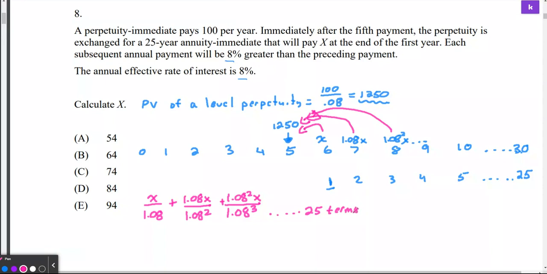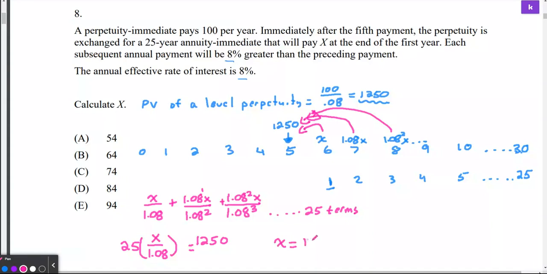But notice how each term is the same as the first term, because 1 minus 2 is -1, 2 minus 3 is -1. So in other words, I have X over 1.08. I have 25 of these, and that is going to have to equal 1250. So pretty simple, a little bit of algebra.